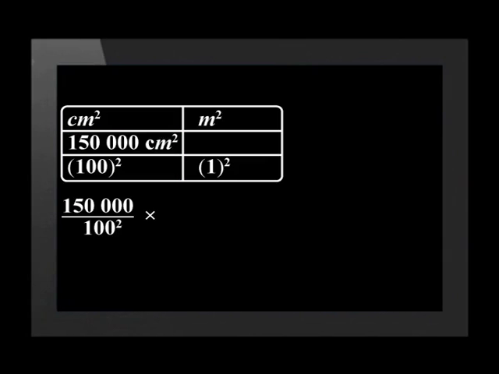The top value is divided by the bottom value. Once you have this answer, multiply by the rest of the conversion factor. 150,000 centimeters squared is divided by 100 squared. The answer is multiplied by 1 squared. The answer is 15 meters squared.